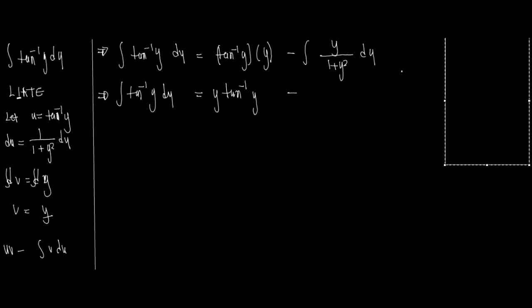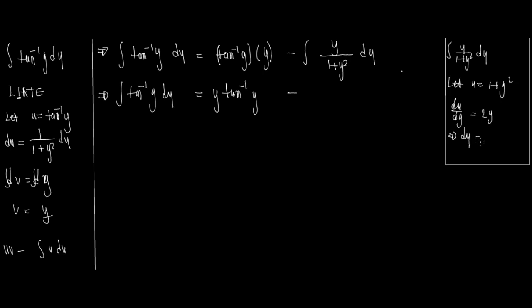So if we say that the integral of y over 1 plus y squared dy, let u be equal to 1 plus y squared. So du dy is equal to 2y. So where there is dy, you are going to put 2y.